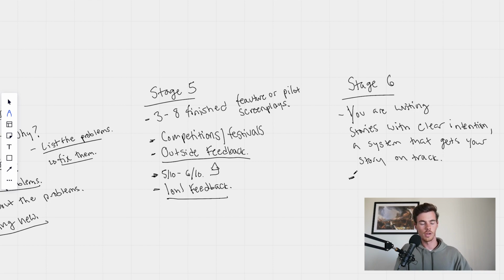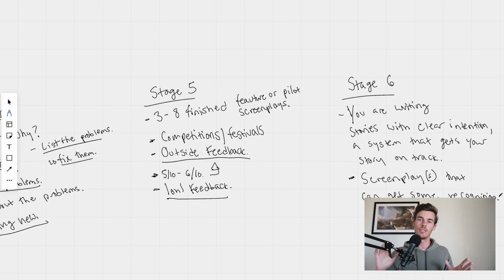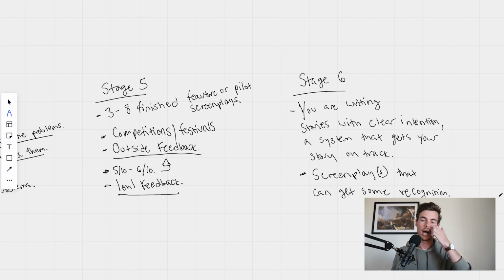And ideally here, you now have screenplays that ideally can get some recognition, can help you in the professional world make some moves, right? Now, in regards to the actual selling of scripts, that is an entirely different topic, and there are a lot of people on YouTube and elsewhere that have covered the process of breaking into the industry in depth.